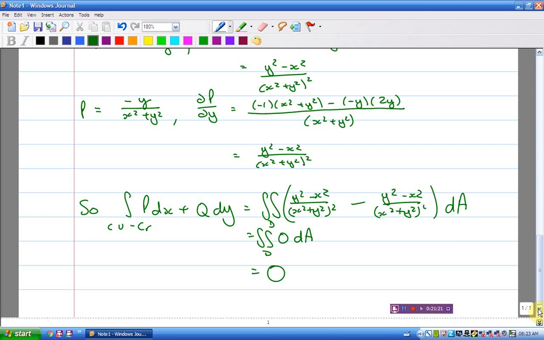Question? Doesn't the integral of 0 equal a constant? It would if it were an indefinite integral, but this is a definite integral. So there's no plus c involved.